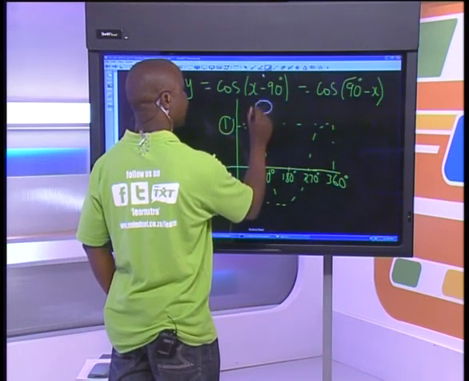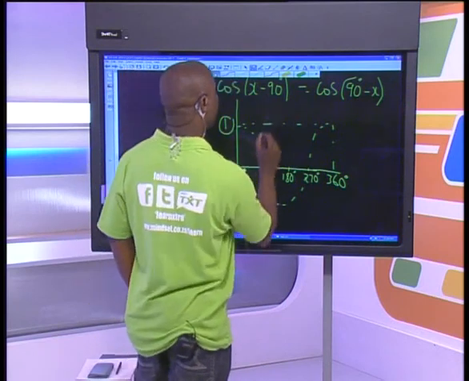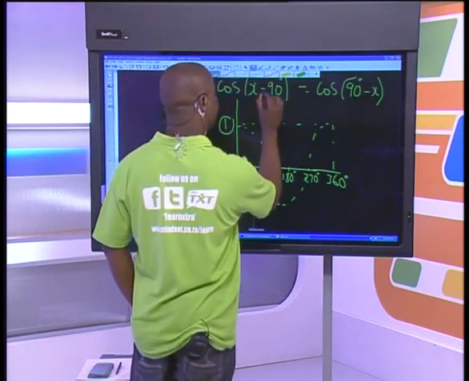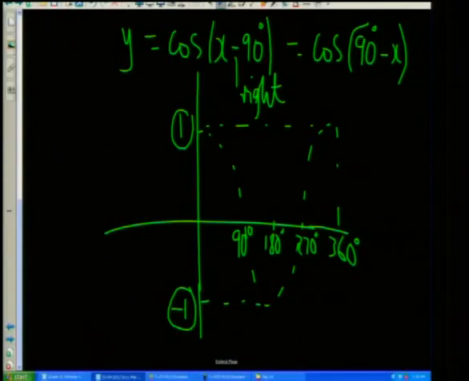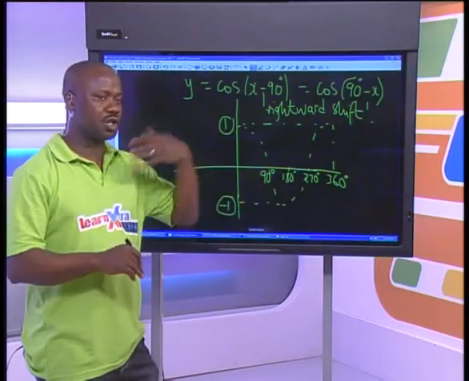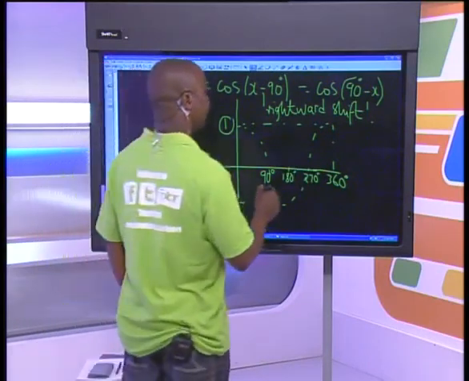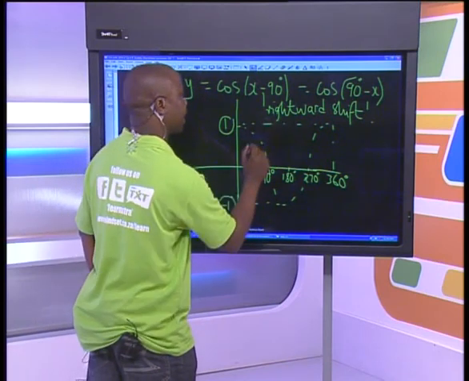All right. So this is now going to shift in the right direction. So when you see a minus there, it's going to shift to the right. Okay, rightward shift. If it was positive, it was going to be a leftward shift. I will have time to explain that sometime, but that's how it is for now. So over here, we're going to shift it to the right, 90 degrees.